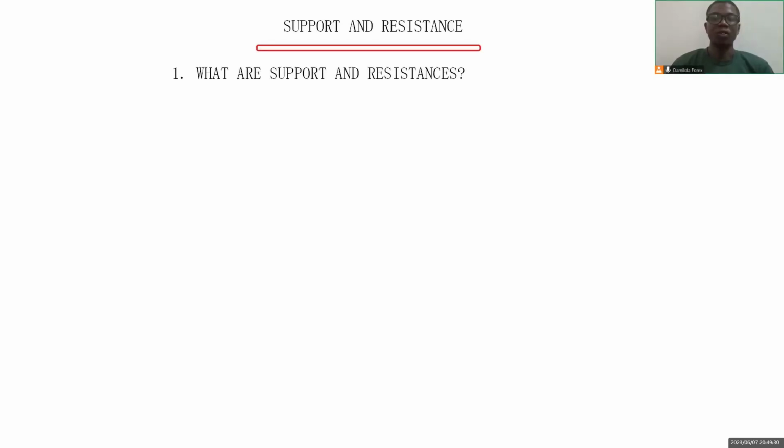The next thing we are going to be talking about is the tools that we use to highlight these support and resistances. The tools we use in indicating these support and resistance zones, one includes the shape, which is a support and resistance tool.